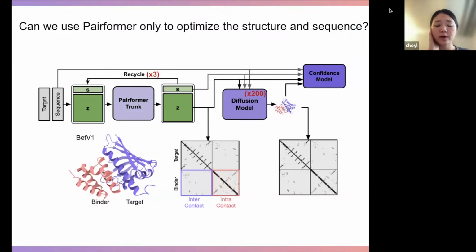So we figured out maybe we don't even need to use the diffusion model to backpropagate this loss. What if we just use this Pairformer trunk, focus on the inter and the intra contact loss, and ignore the confidence score and all the 3D all-atom structures?